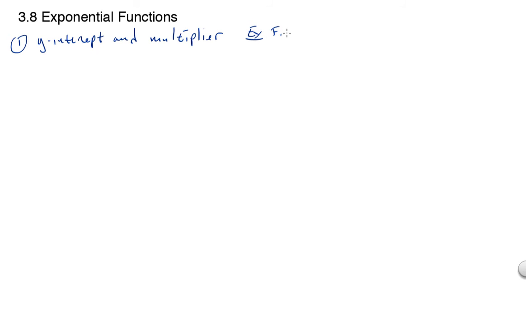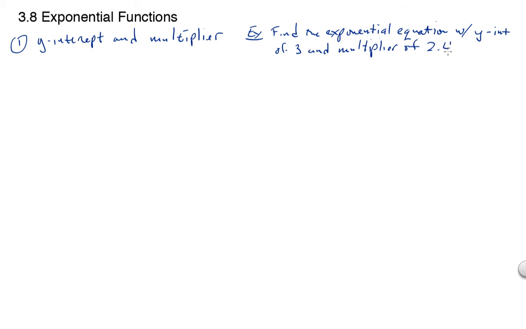Find the exponential equation with a y-intercept of 3 and a multiplier of 2.4. So a growth rate of 1.4, or 140% growth rate, gives a multiplier of 2.4.